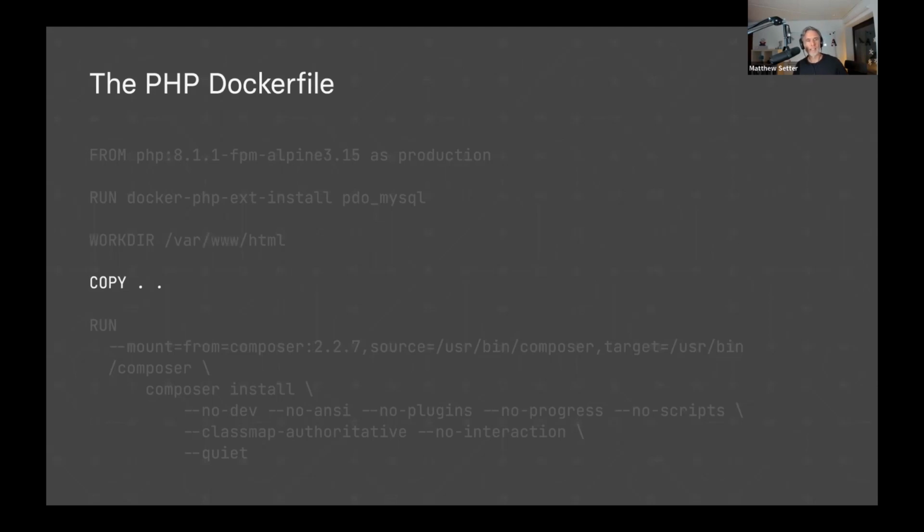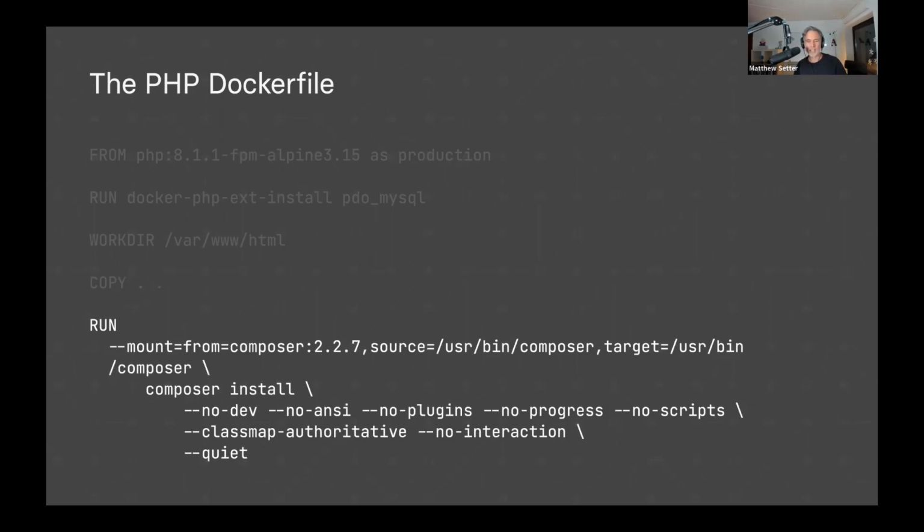Then it copies over all of the app's source files into /var/www/html within the image. And finally, in this case, it mounts version 2.2.7 of the official Docker Hub Composer image, which, if you're not familiar, is PHP's dependency manager.